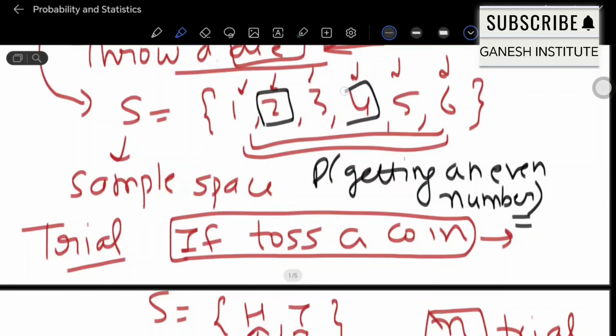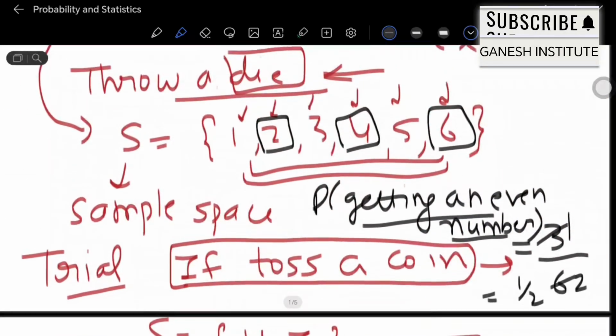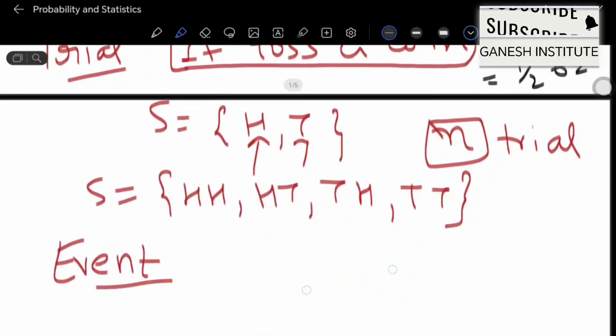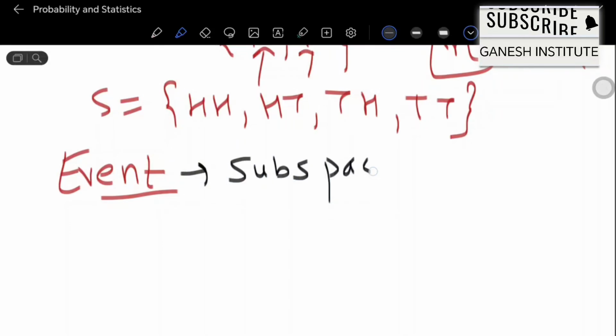Even means 2, 4, 6, so 3 possible outcomes, and total are 6. So 3 ones are 3, 3 twos are 6. This is the answer for this particular event. When you have a sample space and you ask for one particular subspace out of it, you call it an event. So an event is a subspace of a sample space.